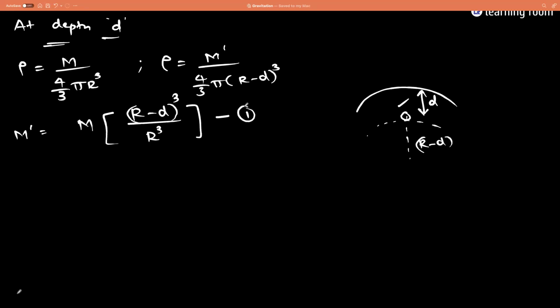Now, once I get this, what should I write? m into g double dash will be equal to G into small m into capital M dash divided by r minus d the whole square. Correct?